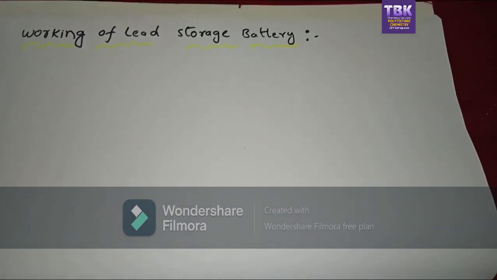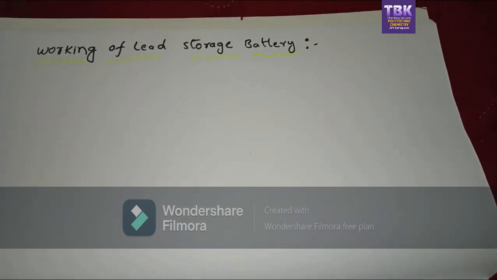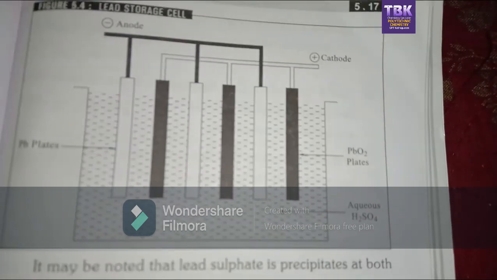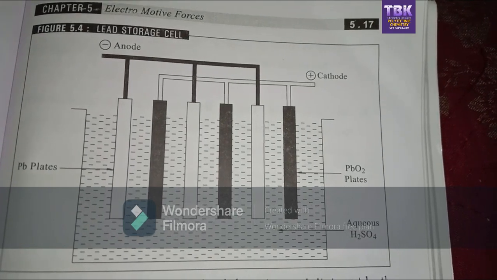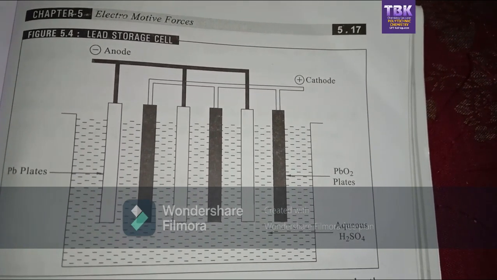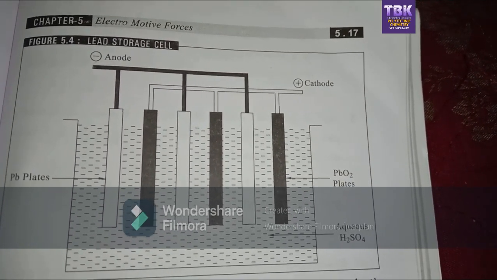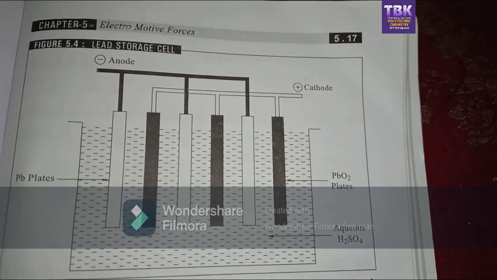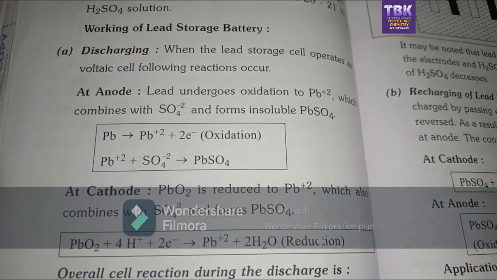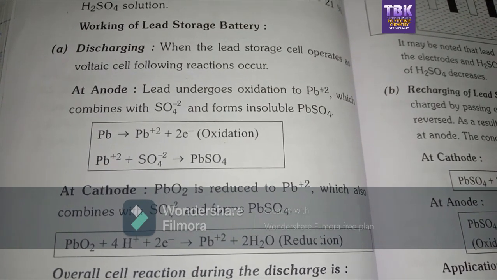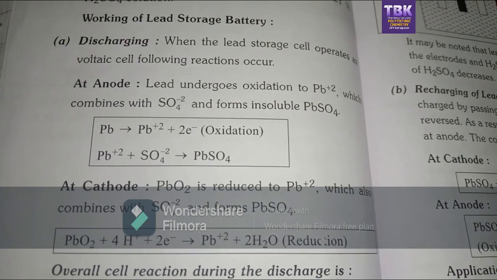In this lead storage battery, lead plates act as the anode and lead oxide plates act as the cathode. First, the lead storage battery acts as a galvanic cell or voltaic cell, which means it generates electricity.